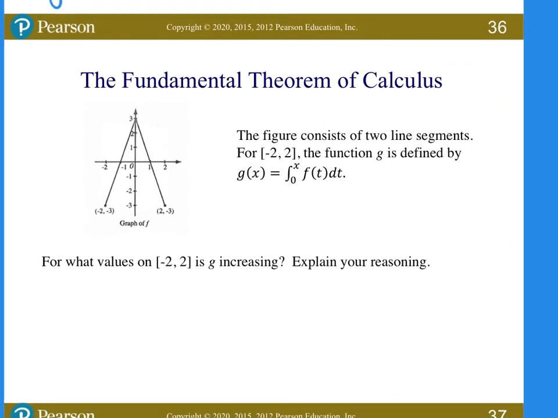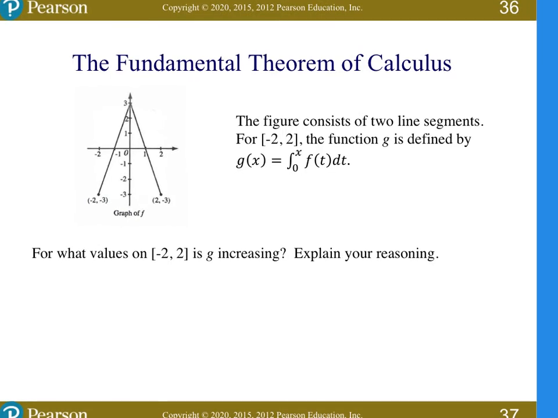All right, next question. Same figure, same definition. For what values is g increasing? G increases when G prime is greater than 0. All right, well, what is G prime?